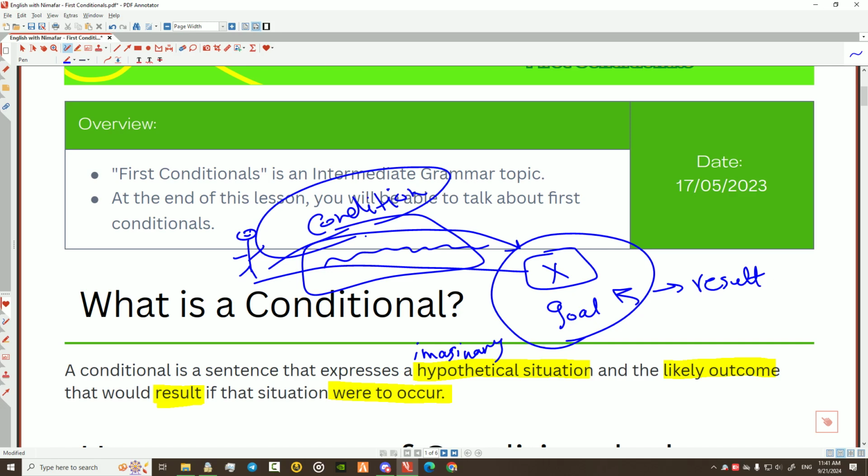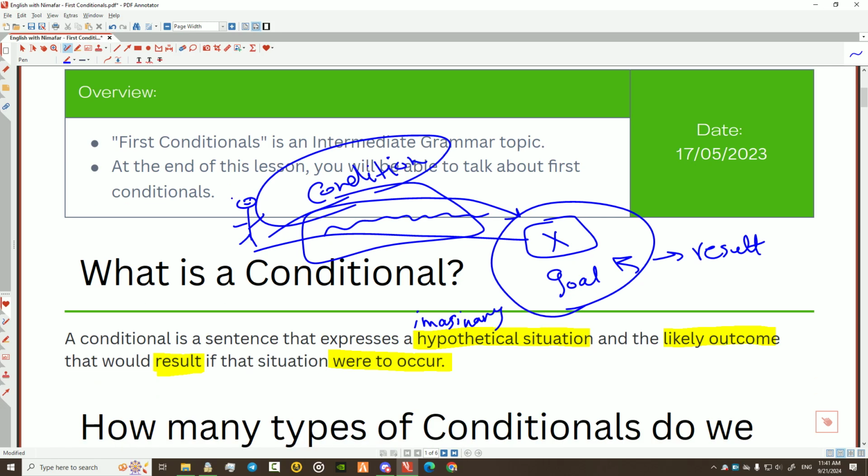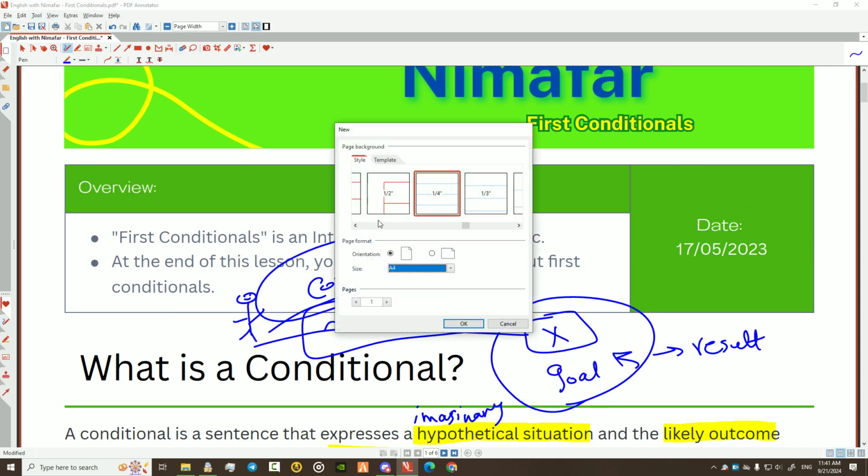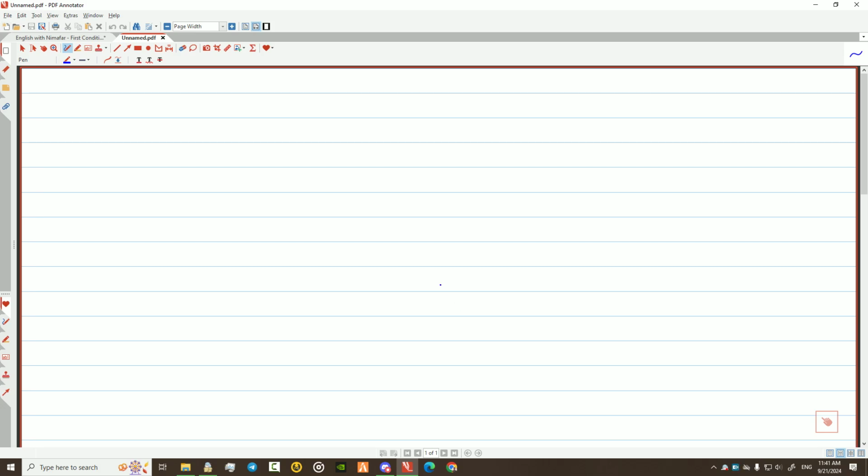In conditional sentences, any type, you will see two things. There are two main things always there. Let me make a new page. One of them is condition. One of them is the result.